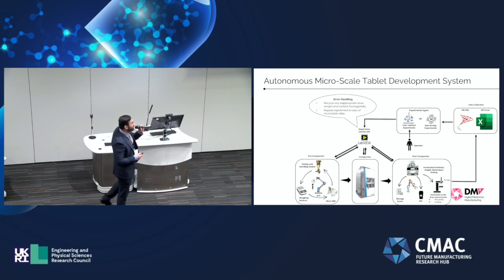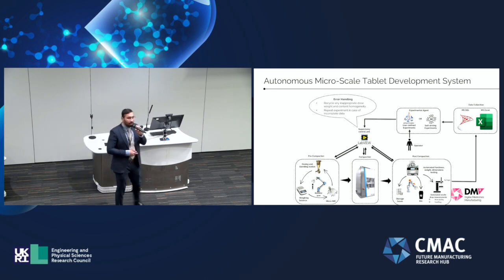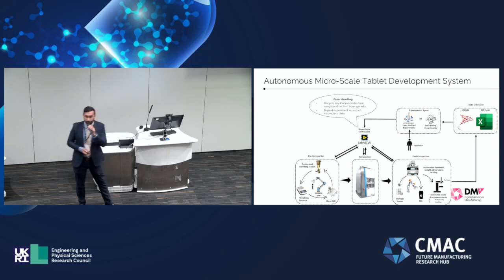As soon as we collect all the data from this stage, we move on to the data collection that is actually driving this experimental agent. The way we have designed our experimental agent that's running all the experiments autonomously can be used in two different modes.